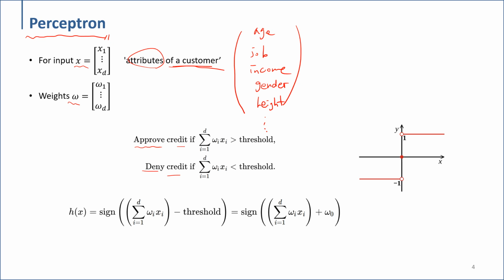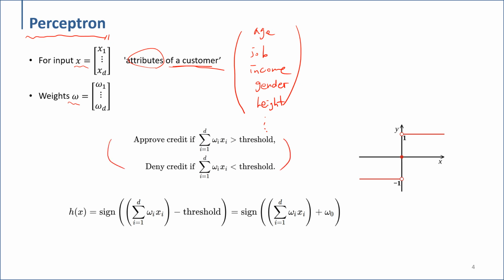In this case, if this value is more than the threshold, you will approve the credit, so you will allow them to borrow the money. And if this value is smaller than some threshold, you will deny the loan.